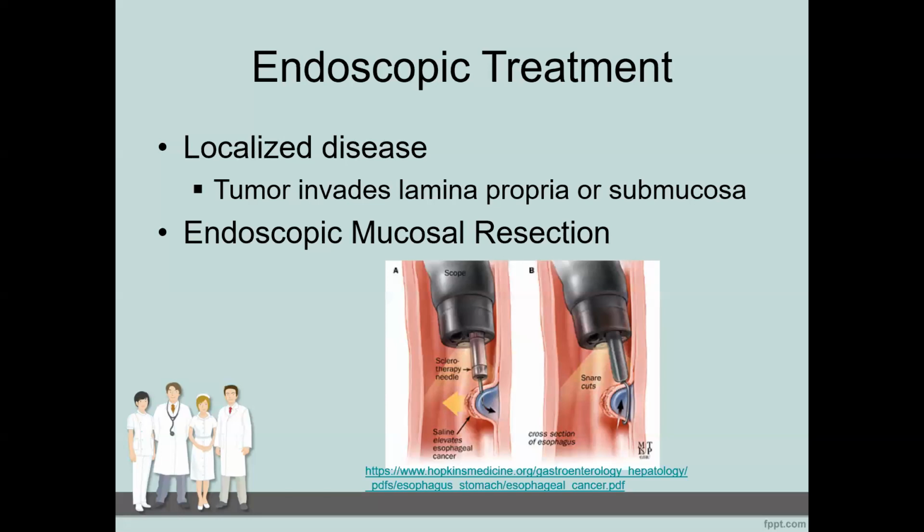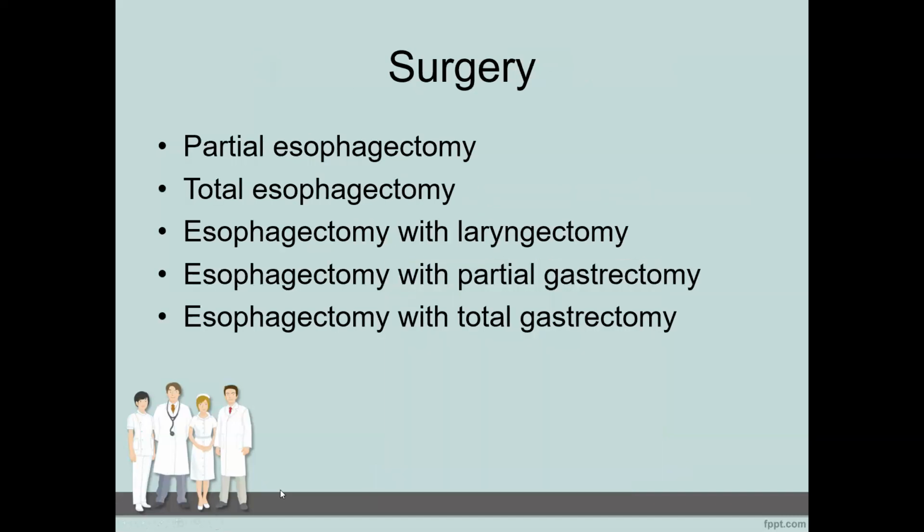The resected mucosa is lifted and grasped with forceps, trapping the lesion with the snare and then resected by electrocautery. So that's a less invasive procedure. However, once again, the cancer must be found at a very, very early stage.